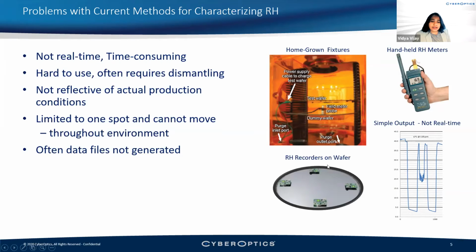There are solutions where on a wafer you have RH recorders, but we want this data to be real time, not one-time data, because we want to correlate the increase in humidity with the process that's happening. We want to know that.